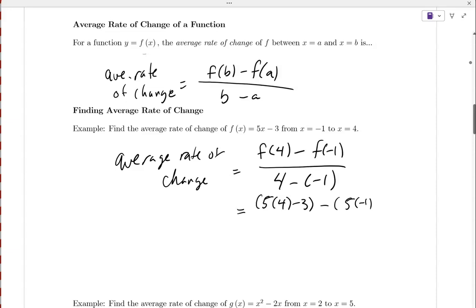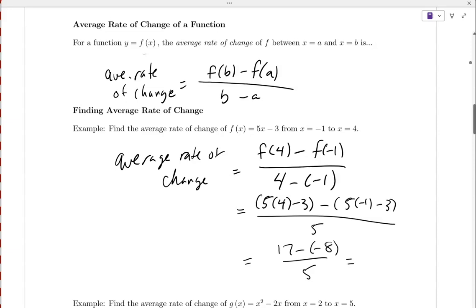5 times -1 minus 3 for the other one. 4 minus -1 gives us 5. We get -5 minus 3 gives us -8. So, well, 17 minus -8 over 5.